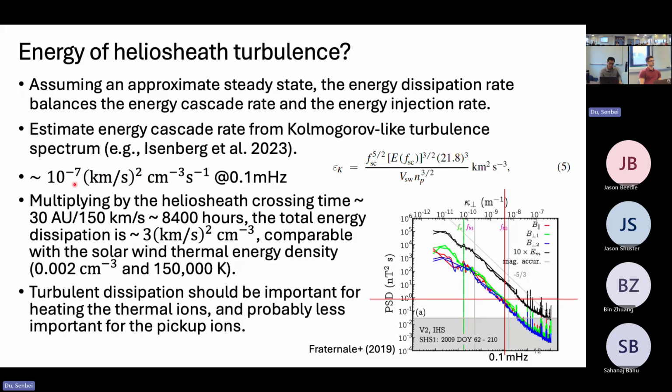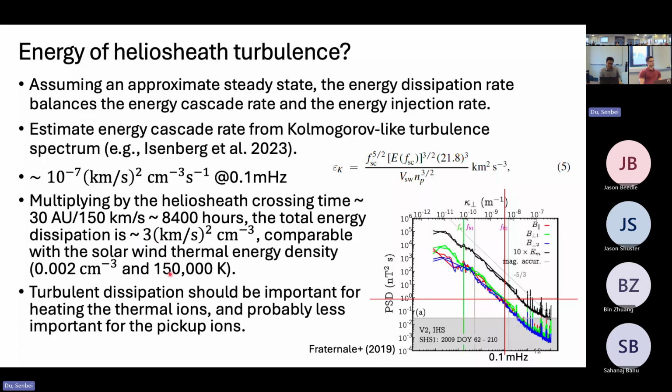We can multiply this rate by the heliosheath crossing time from the Voyagers, so the thickness divided by the velocity, and we get an estimate for the total energy dissipation. We find that this number is comparable to the solar wind thermal energy density.